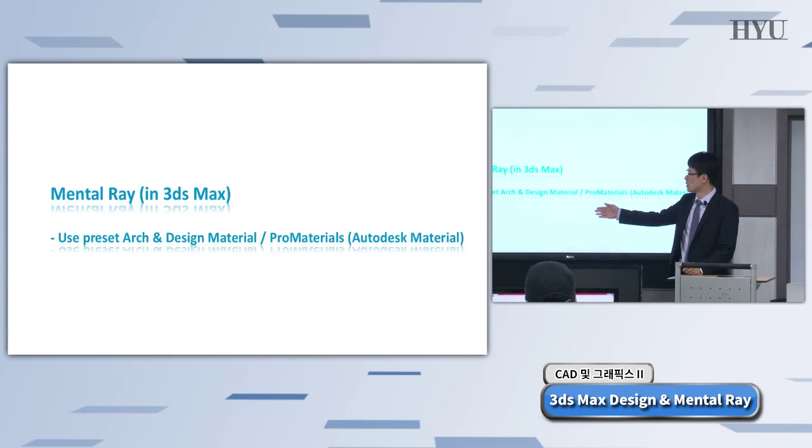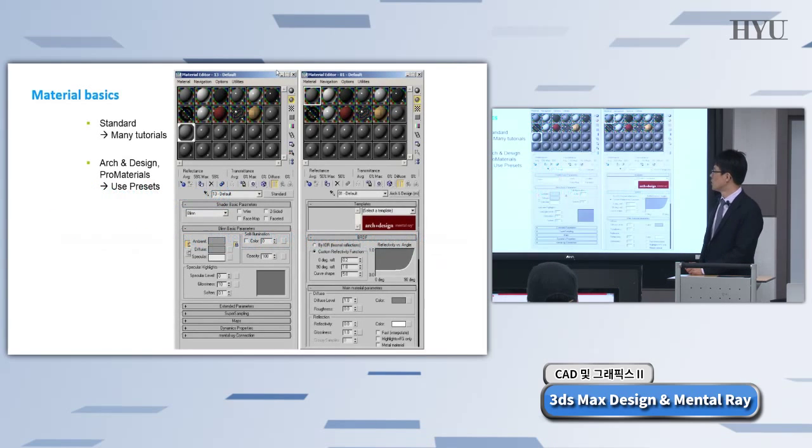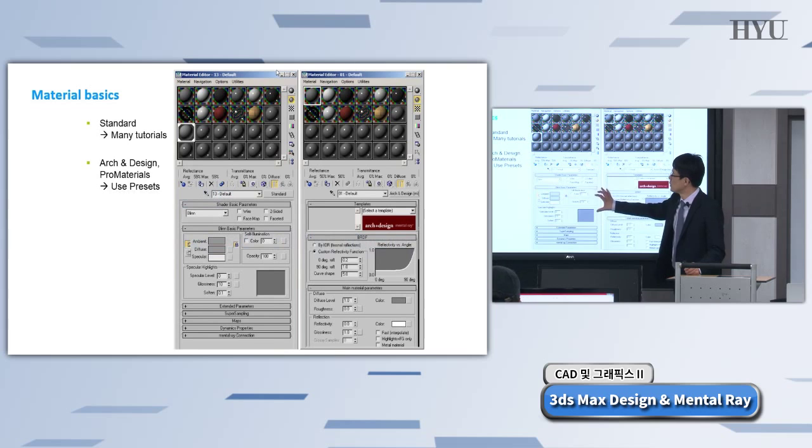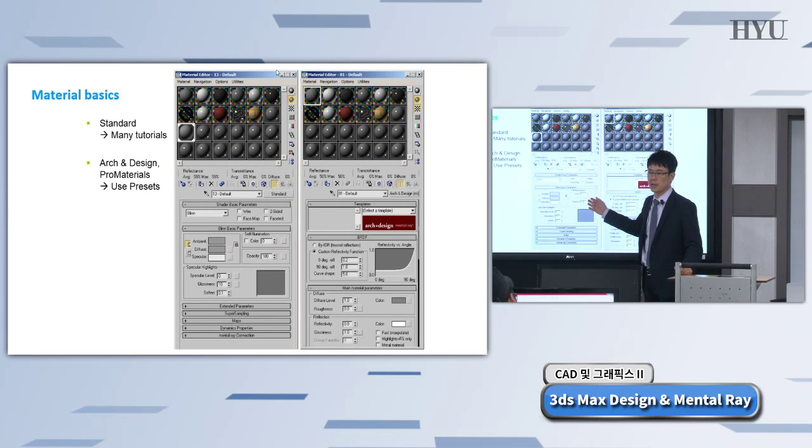The distinguishing feature is the amount of presets, okay, material related. For example, this is standard material in 3D Max. What I mean is standard material is the legacy material type defined in 3D Max. This is its own interface.